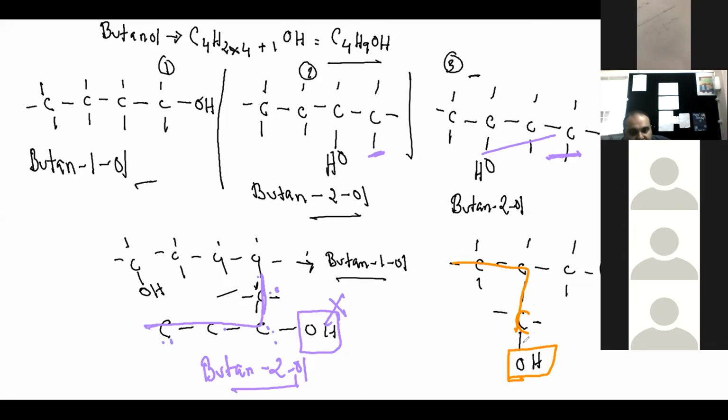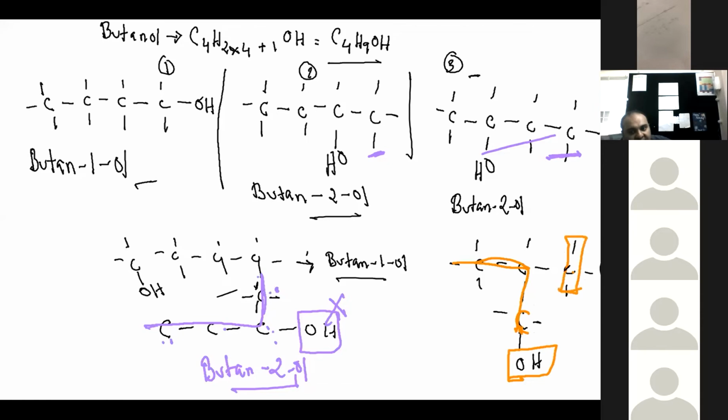So this is my first carbon, then this is my second carbon, then this is my third carbon. Or it could also be, this could be the first carbon, this could be the second carbon, and this could be the third carbon. But whatever the case is, this is the side chain.